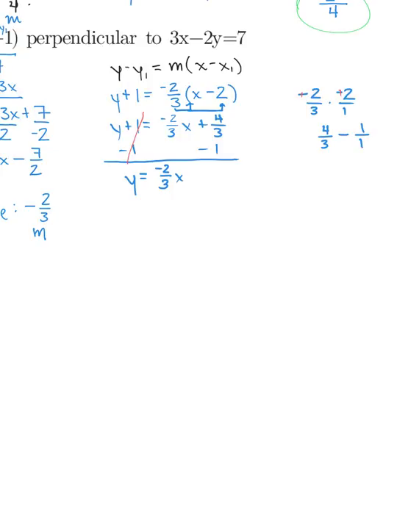We have a common denominator of 3, so I'm going to multiply bottom and top by 3. So we get 4/3 minus 3 over 3. We subtract the tops, keep the bottom, keep the sign of the larger number, and we get plus 1/3, and we're done.